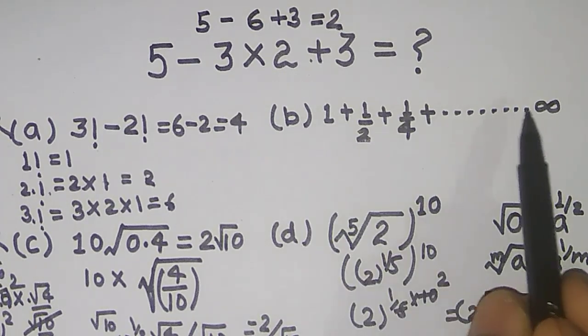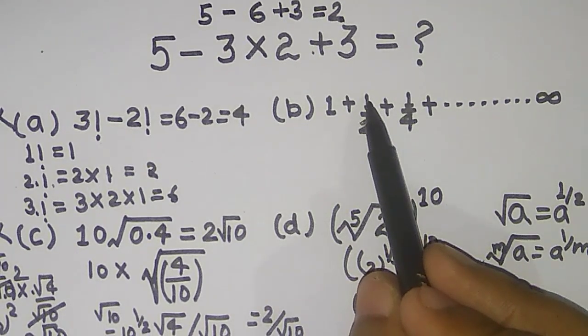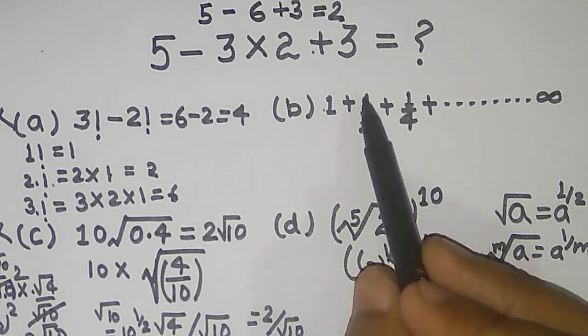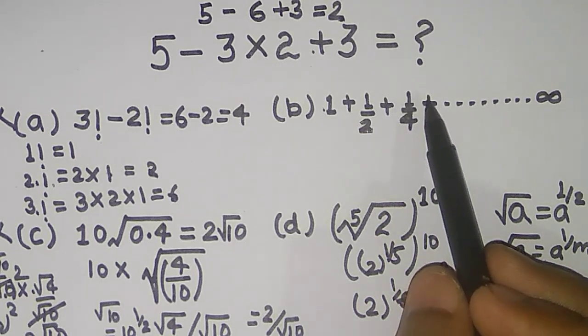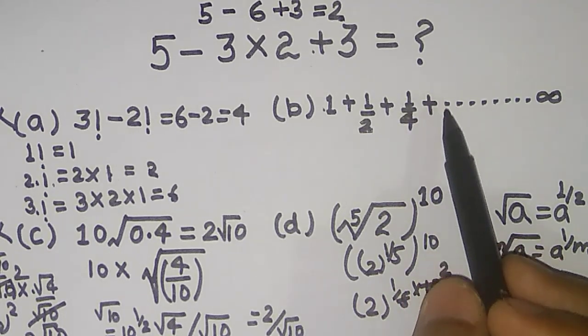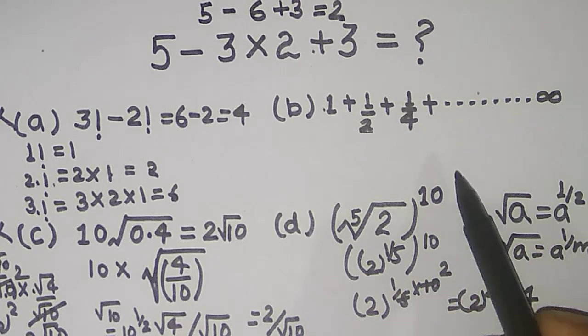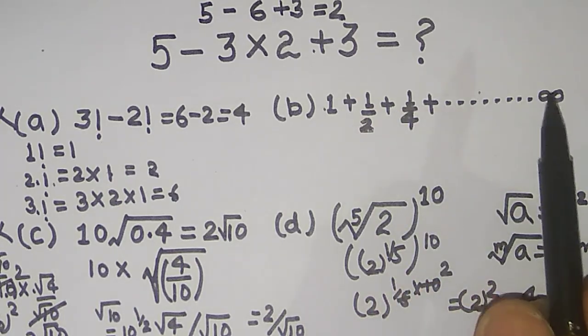Now come to this. We can see each term is divided by 2. 1 divided by 2 will be 1 by 2. 1 by 2 divided by 2 will be 1 by 4. And 1 by 4 divided by 2 will be 1 by 8, 1 by 16, 1 by 32. Like this it will go till infinity. This kind of series is called a geometric progression.